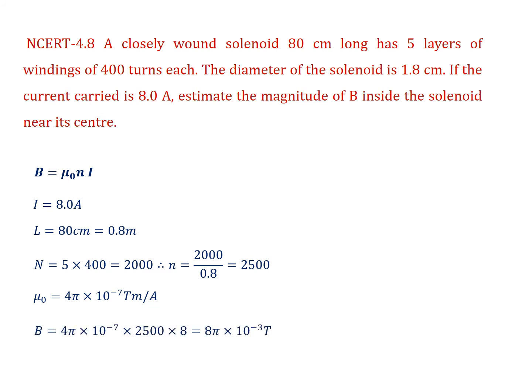Hence the result is B is equal to 4 pi into 10 to the power minus 7 into 2500 into 8, which is 8 pi into 10 to the power minus 3 Tesla. So the magnetic field along the axis of the solenoid will be uniform everywhere, and it will be directed along the length of the solenoid, along the axis of the solenoid.